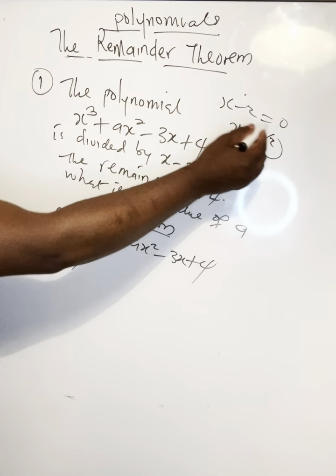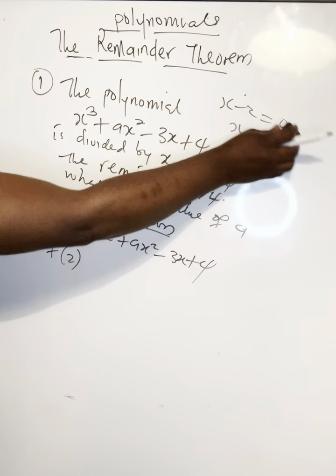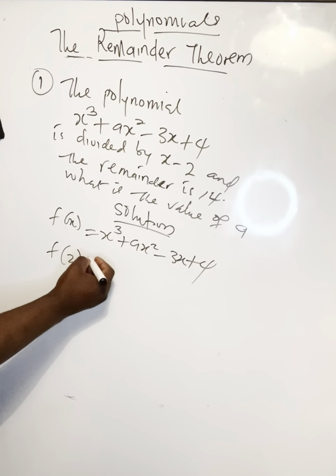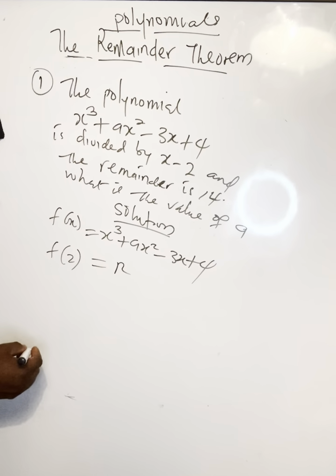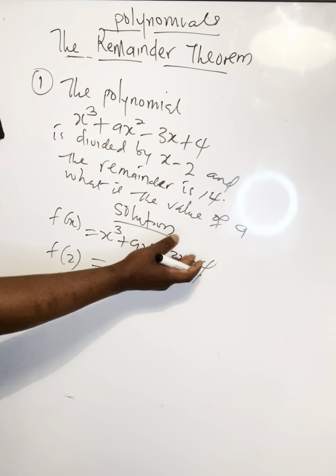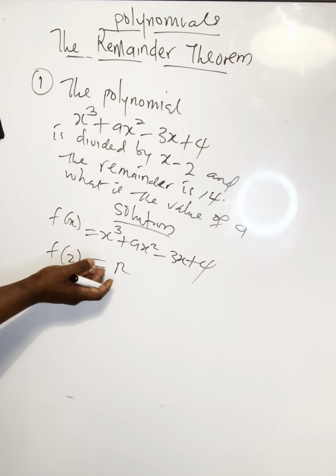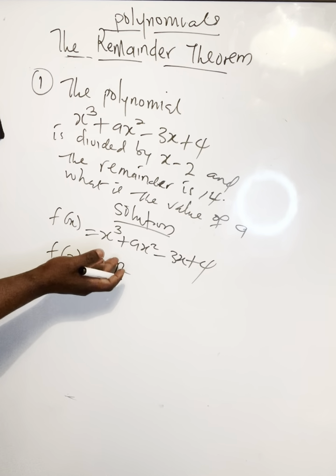Anywhere I see x in this expression, I'm going to replace it with 2. And remember that this is equal to the remainder, so everything I get is going to be equal to the remainder.